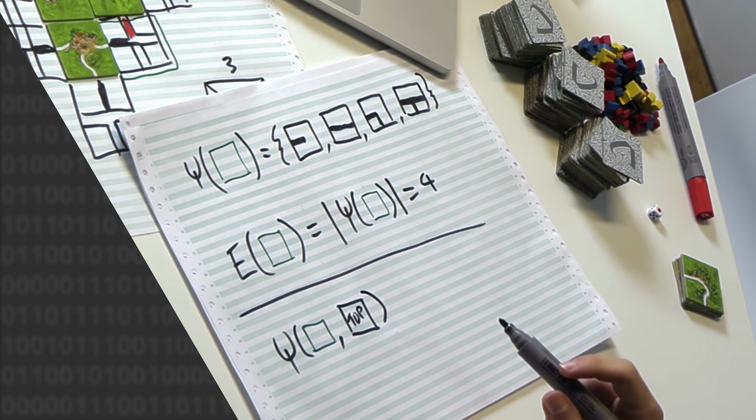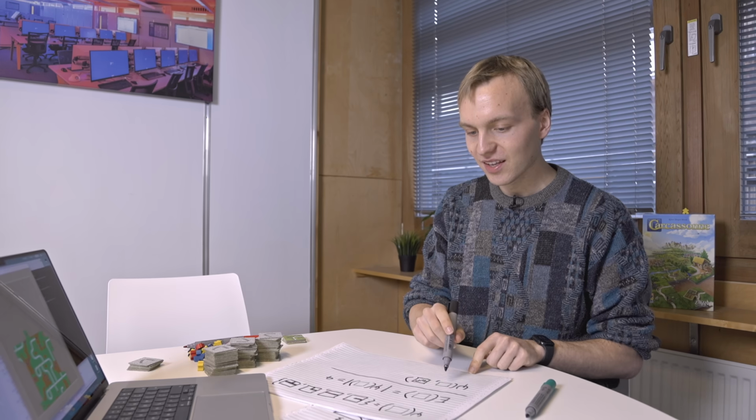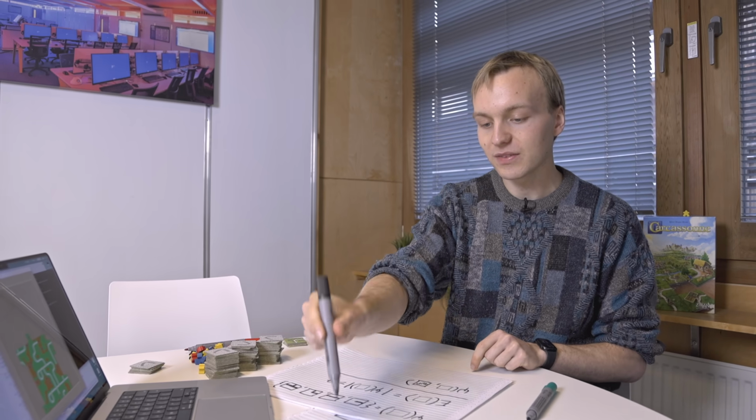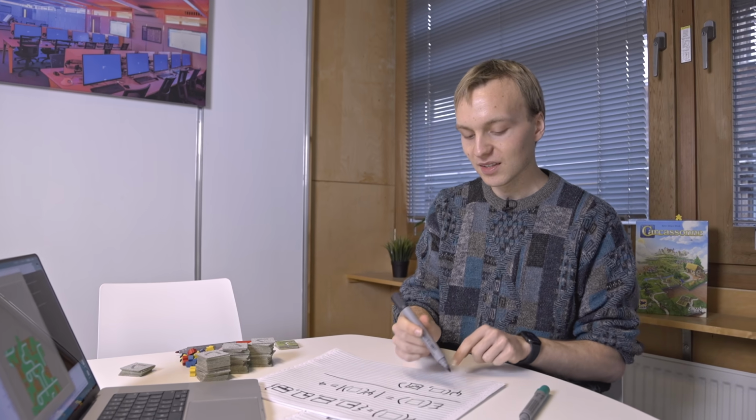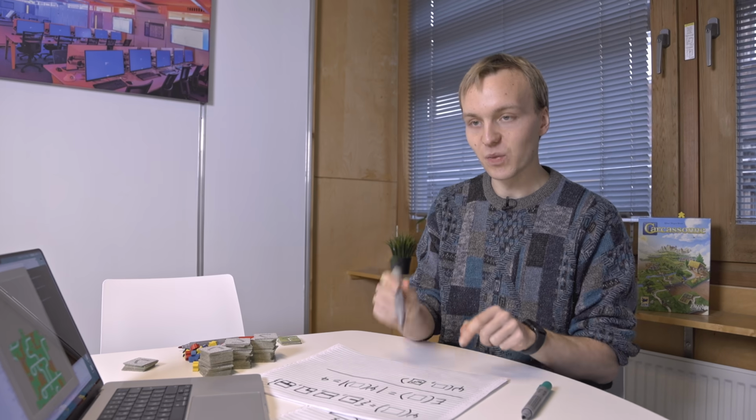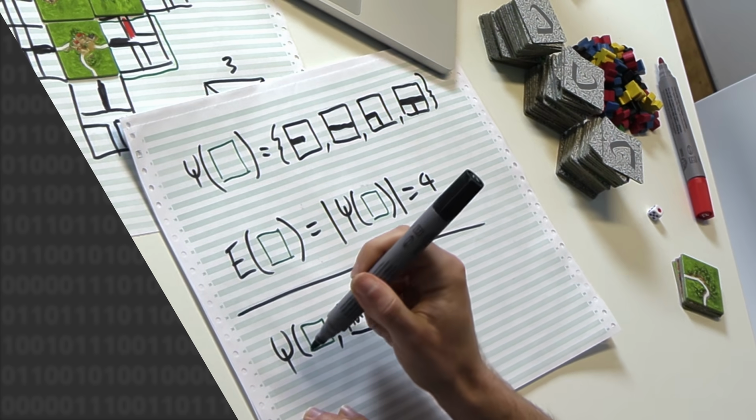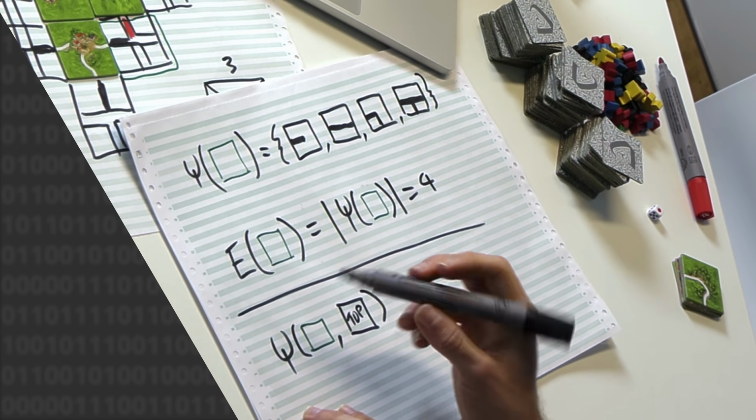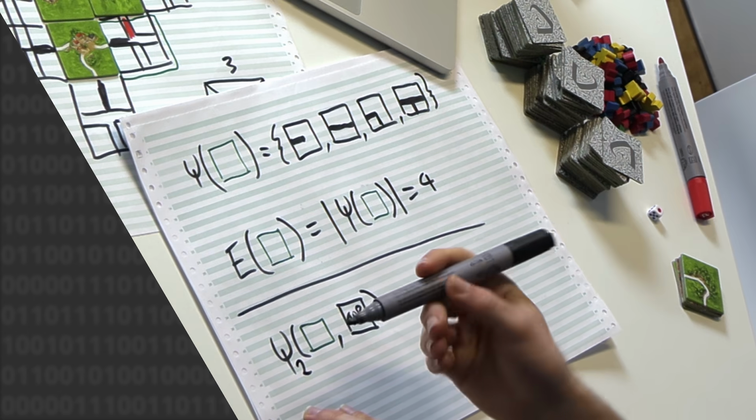Actually, an interesting reading of this is that the state of all of the cells is entangled with the state of the deck, because entanglement is a wave function of multiple particles or multiple things at the same time.